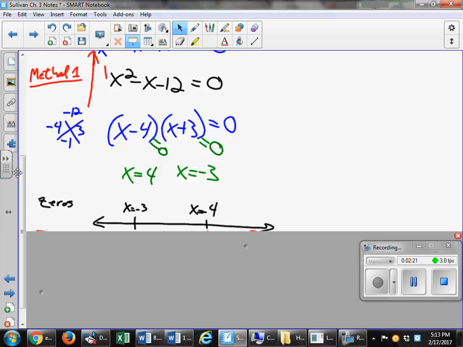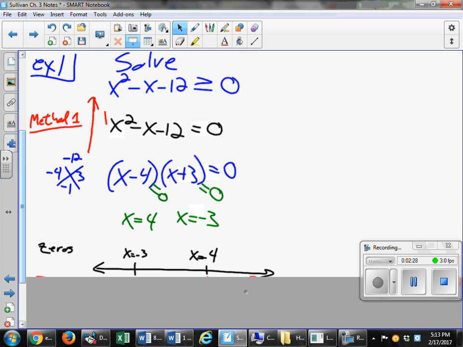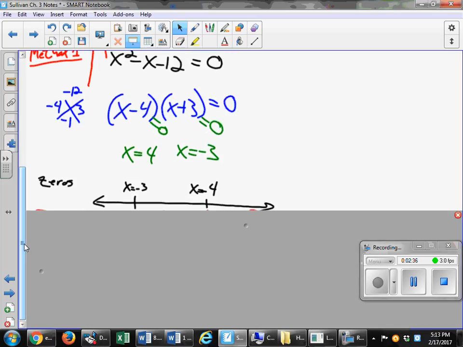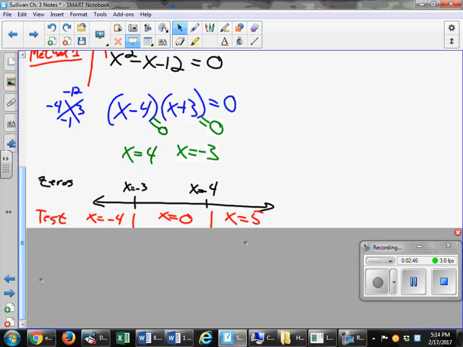What we're trying to figure out is where the answers are going to be positive, greater than or equal to 0. So this number line with these tests is an important tool. We're going to test some points: something to the left of negative 3, something in between negative 3 and 4, and something to the right of 4.